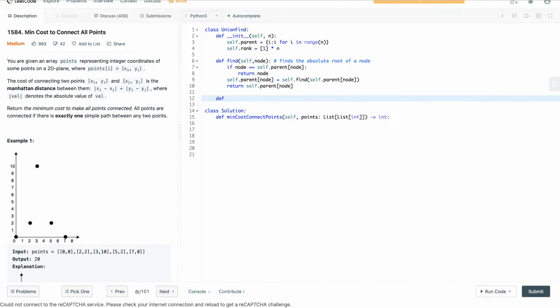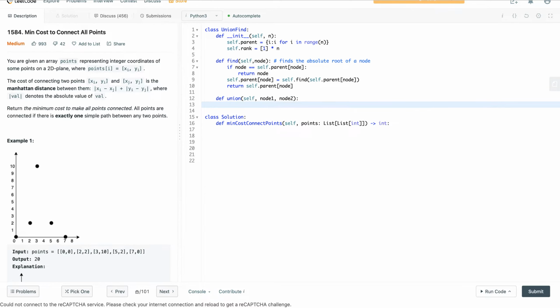Then after, we can write our union function, where we take in node 1 and node 2, and first we need to figure out the root of these two nodes.